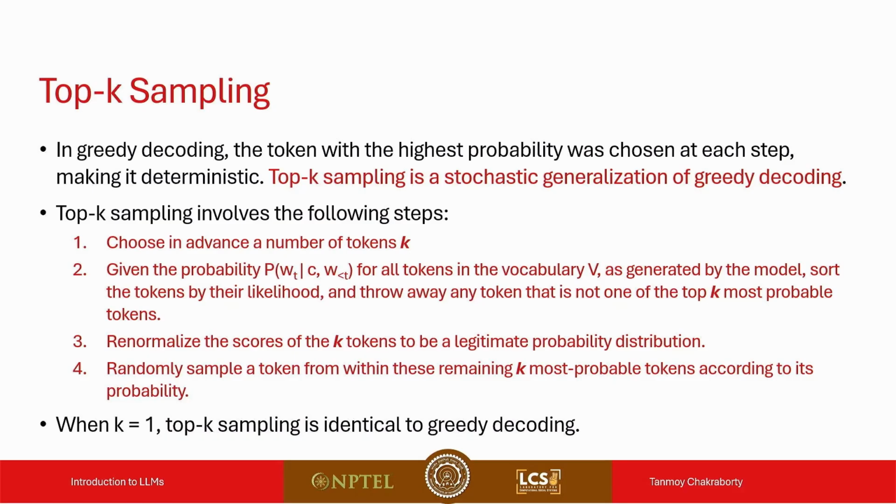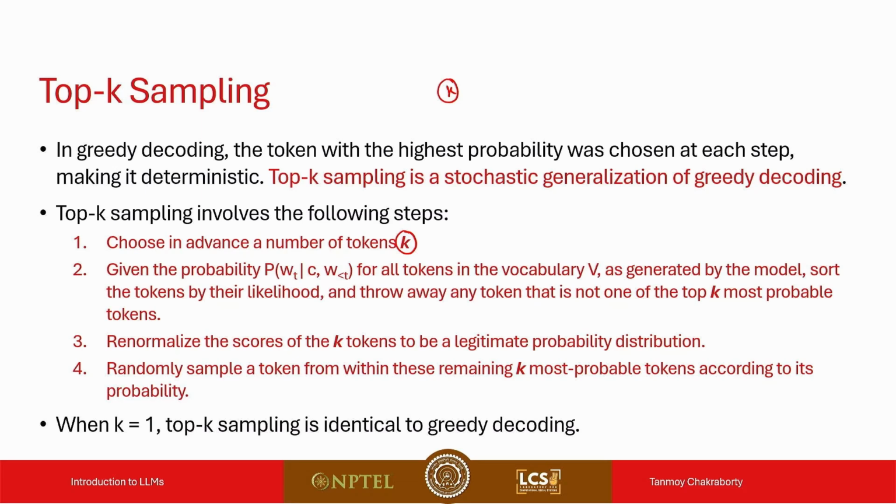In case of top k sampling, this is a variation of random sampling, but with a bit of difference here and there. You choose the number of tokens that you want to generate, and let's say the number is k. That means you will now play with these k tokens.